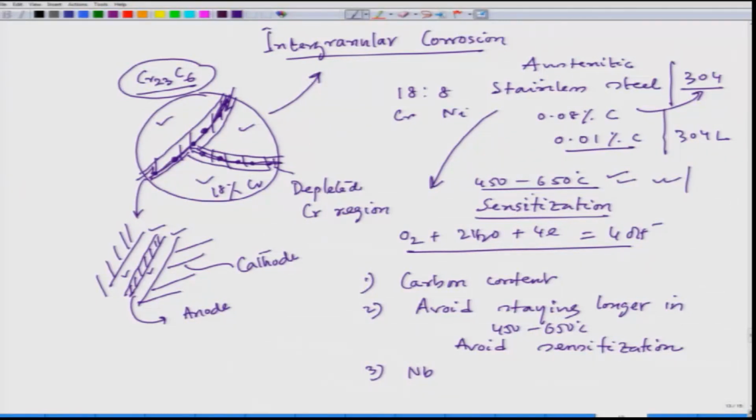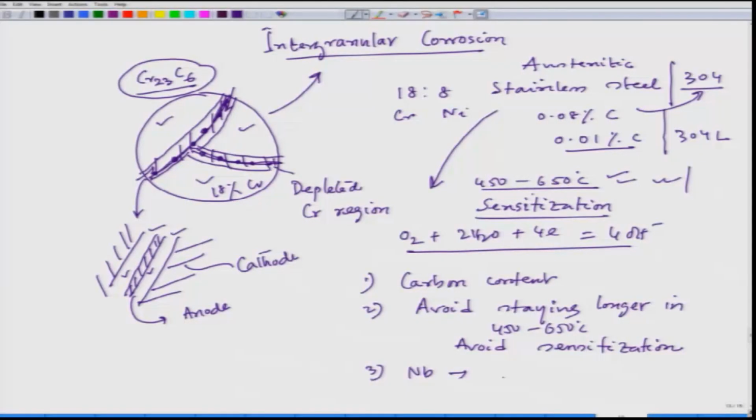Niobium has a higher affinity towards carbon, so it forms niobium carbide, and the formation of chromium carbide is avoided because there is no more carbon available for it. So, again, sensitization can be avoided, and when we add higher affinity elements like niobium to the stainless steel, we call it stabilization.